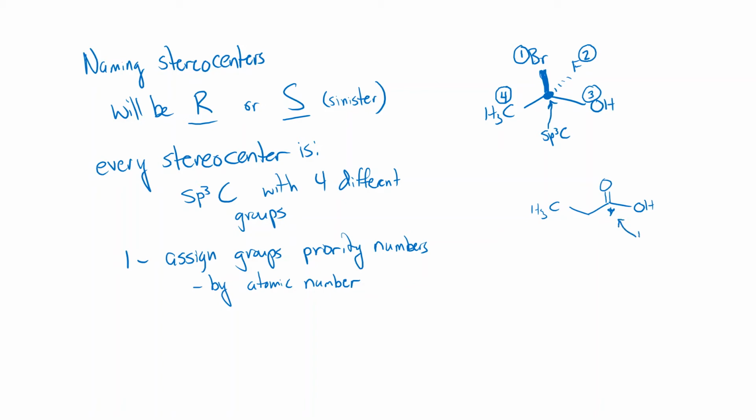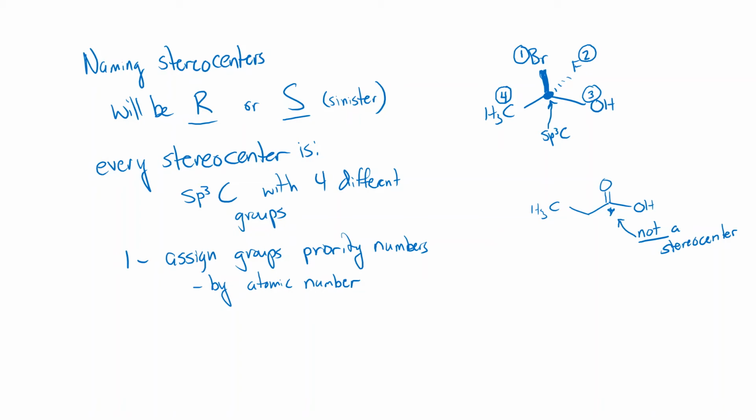And the reason you can't do that is this is not a stereocenter. Remember that stereocenters have to be sp3 hybridized. And in this case, the carbon that I indicated here is sp2 hybridized. This cannot be a stereocenter. So if you go to assign your priority numbers and you only have 3 groups attached to that carbon, guess what?